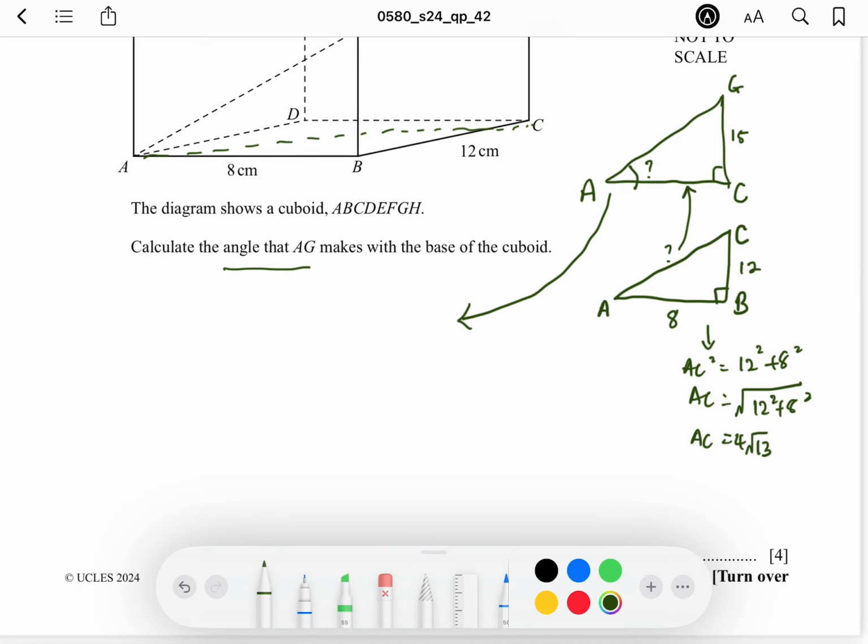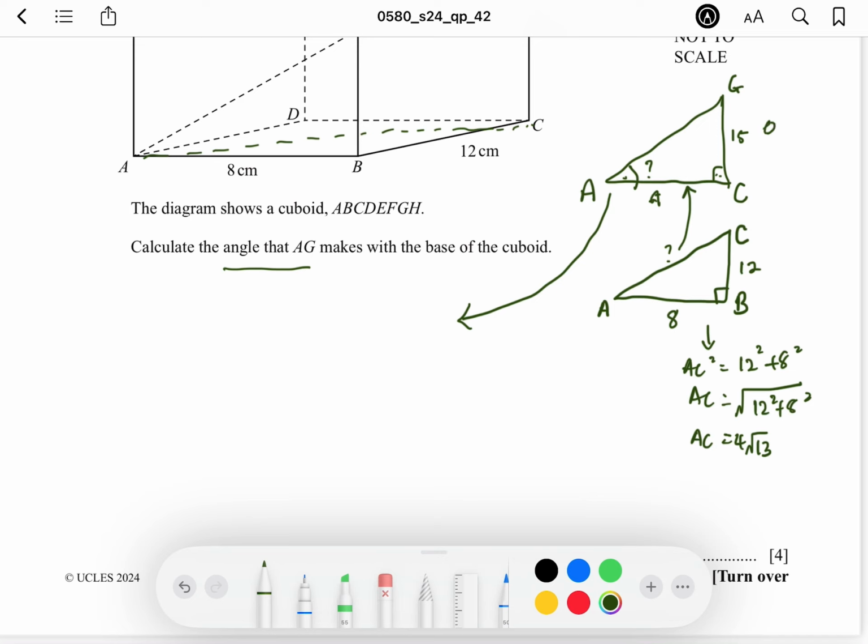So in order for you to determine which trig ratio, label dulu. Label. AC ni apa? Where the two angles are. Adjacent. Okay, that means this is the opposite.